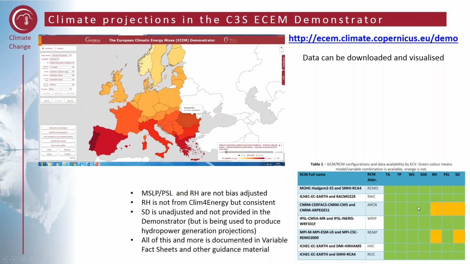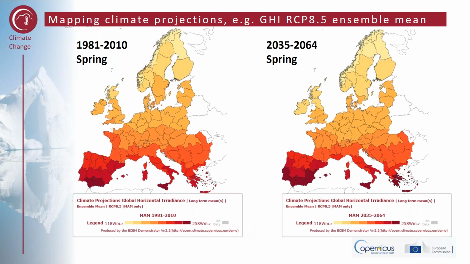In some cases it wasn't possible to bias adjust particular parameters. In some cases parameters were missing from the models, and we decided not to include snow depth in the demonstrator itself because of concerns about variability. But all the information about the processing of the data, both by CLIM for Energy and ECEM, is documented in variable fact sheets and other guidance material on the demonstrator.